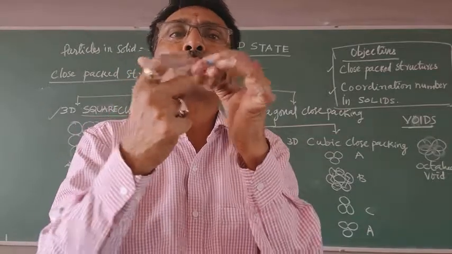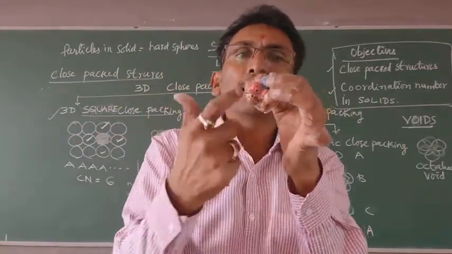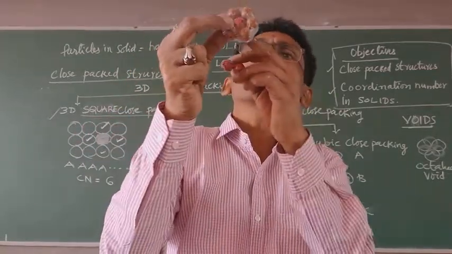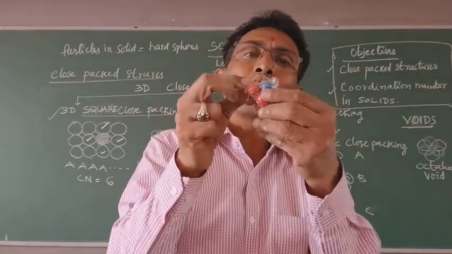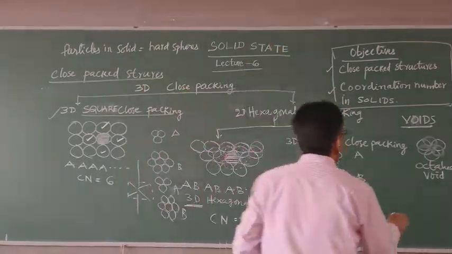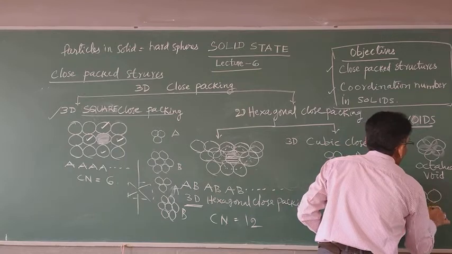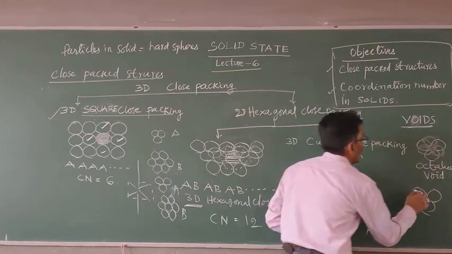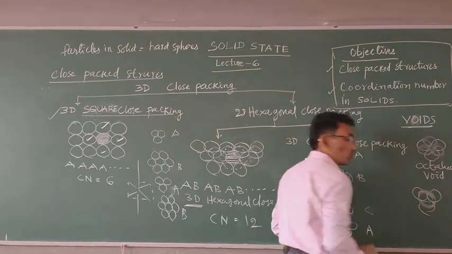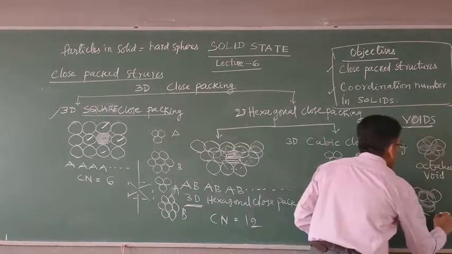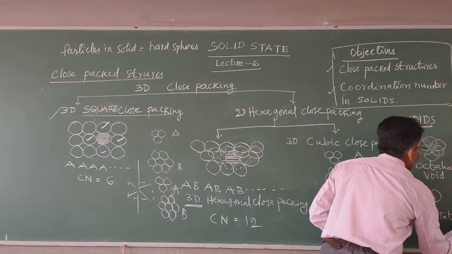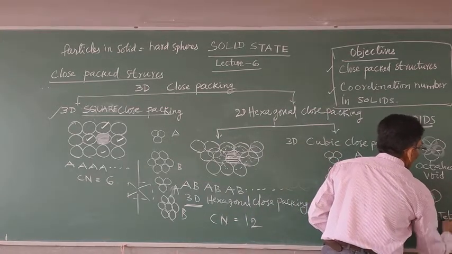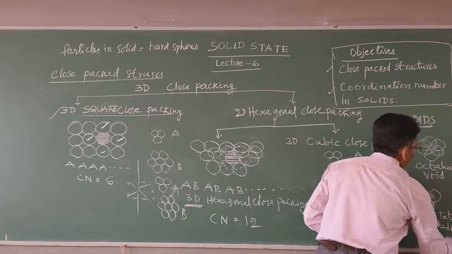Now this void is not possible to see from this end. It is covered by the center sphere of this another layer. This is a triangular void covered by the fourth one, that is tetrahedral void.